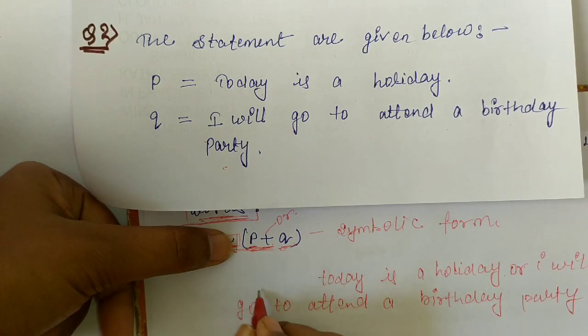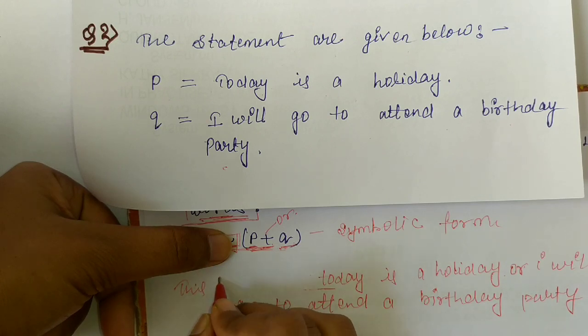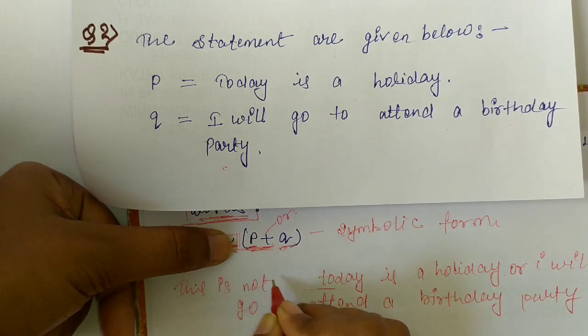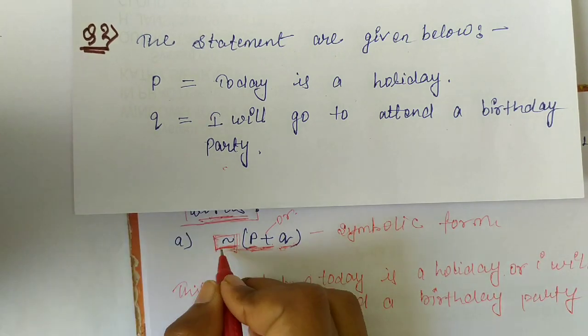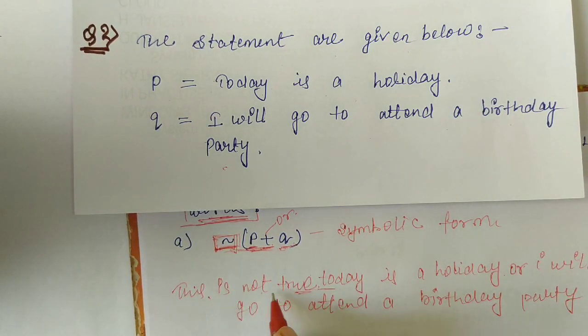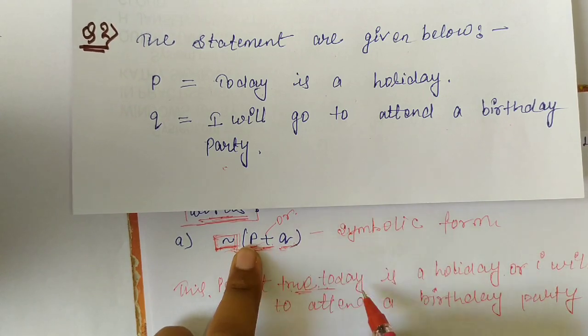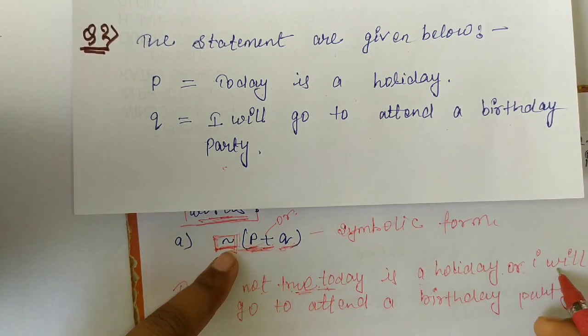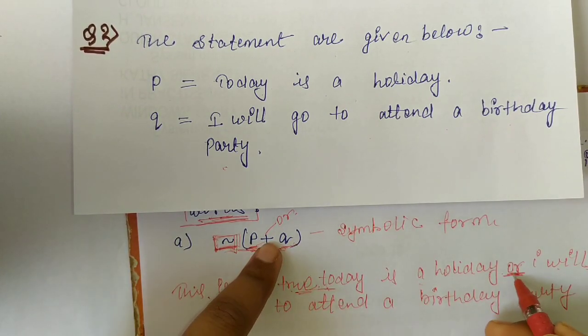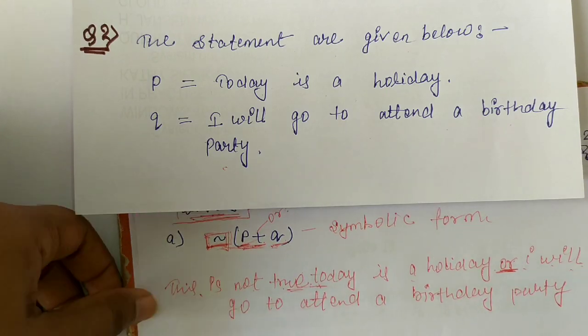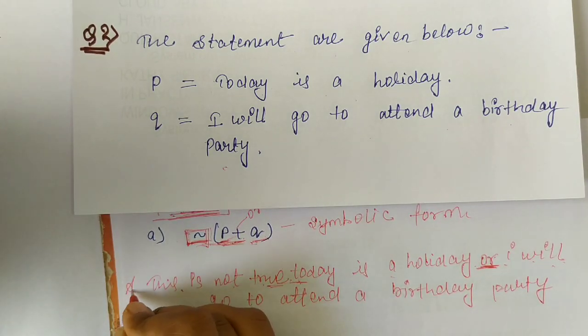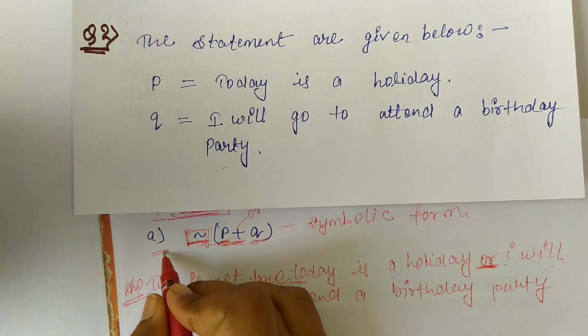So at the start of this statement we have to write, this is not true. Then P, today is a holiday, or I will go to attend a birthday party. This is the answer of this question.